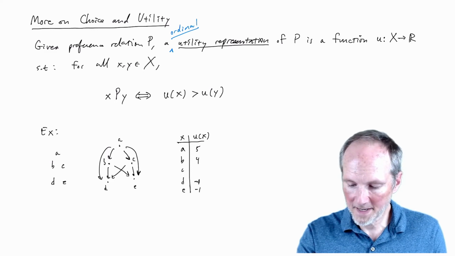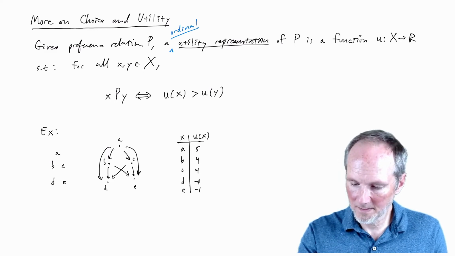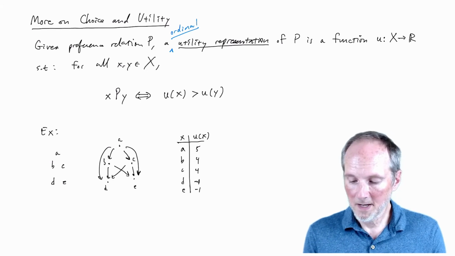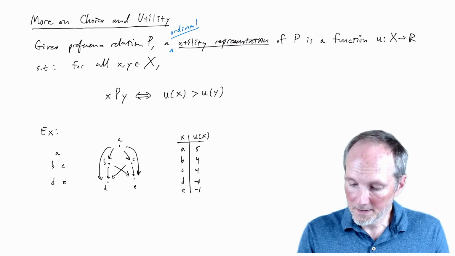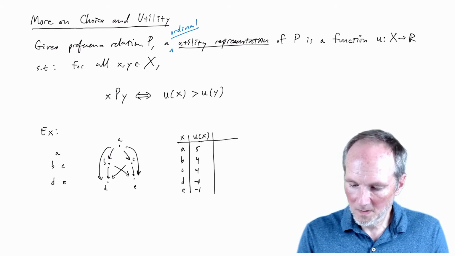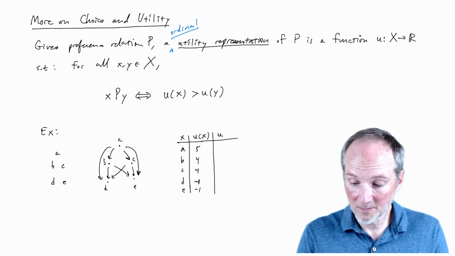Right? So we can't put a 3 in there. It has to be the same utility as B. You get the idea. But also you can probably see that there's other utility functions that would work.